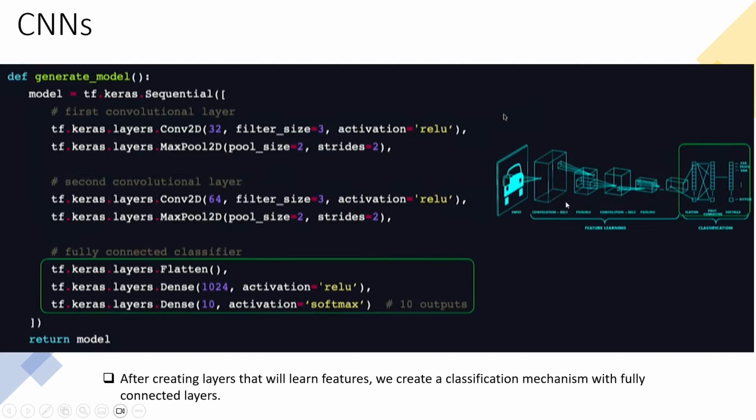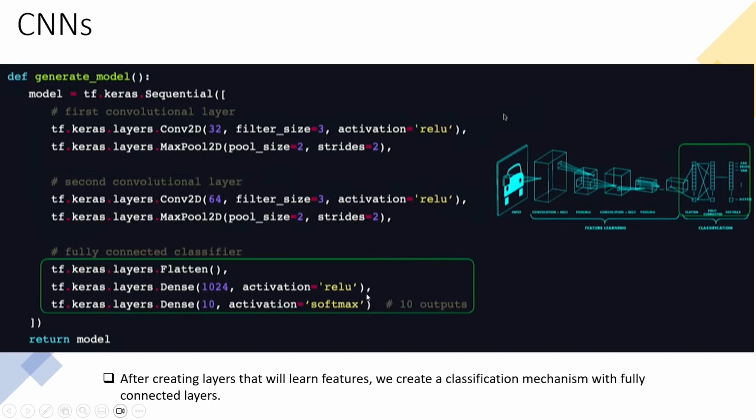You flatten these 3-dimensional filters, and then you create a dense layer with 1000 neurons with activation ReLU, and then you apply another dense layer with 10 neurons, which is going to make the final classification decision. In this case, we have 10 classes, therefore we have 10 neurons at the very end of the network.